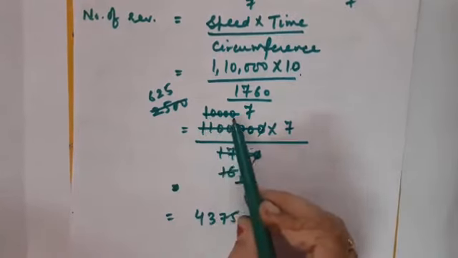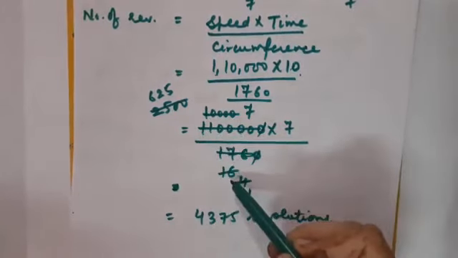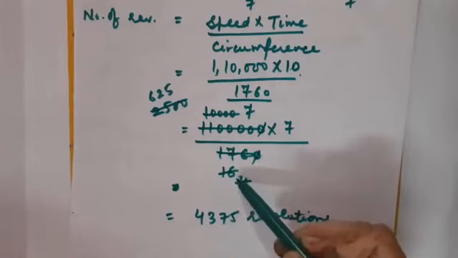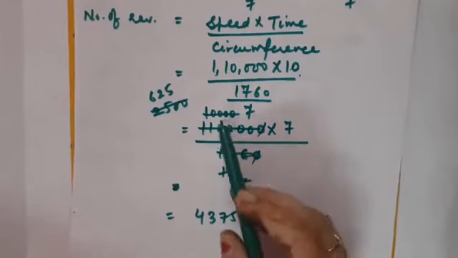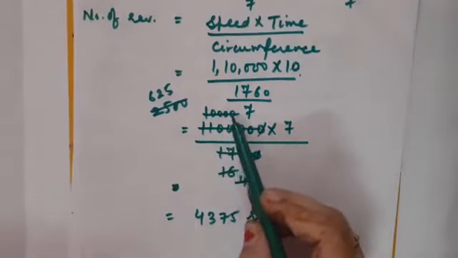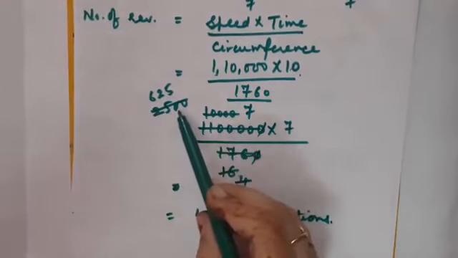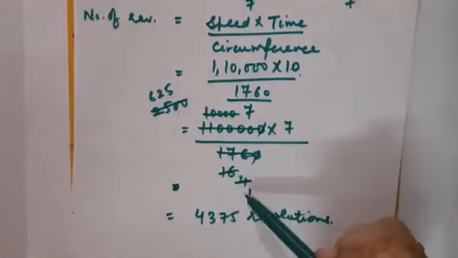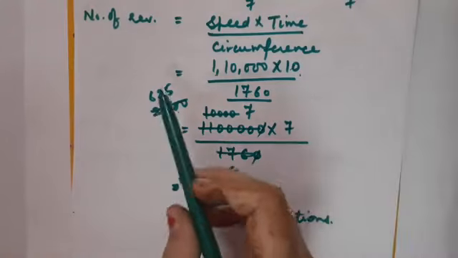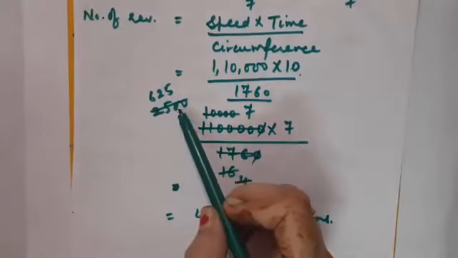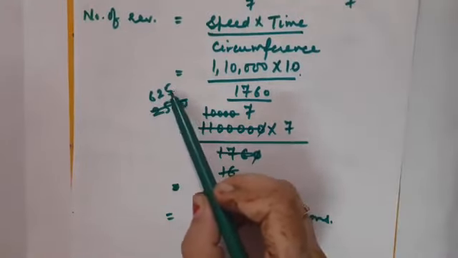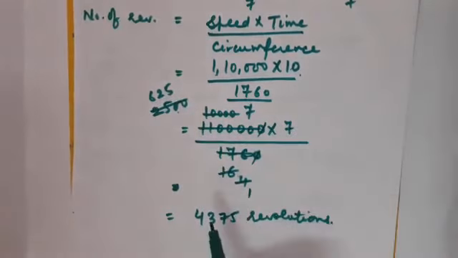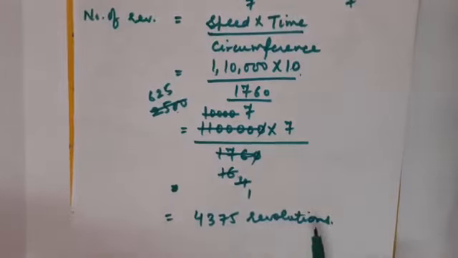So here I have got 10,000 and here I have got 16. Now I cancel it by the table of 4. 4 4 is 16. When you divided 10,000 by 4, you got 2,500. Correct? Now again it is divided by 4. 4 ones are 4. So when 2,500 you cancel by 4, you got 625. So 625 into 7 is equal to 4,375 will be the number of the revolutions which will be made by the wheel of the car. Got it?